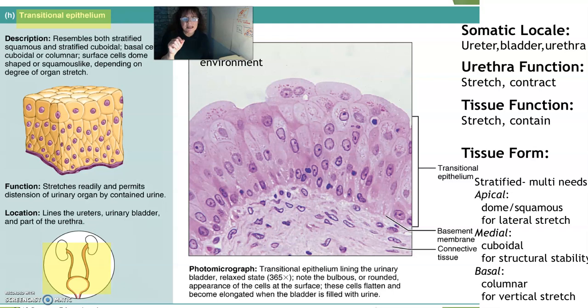Where would you need two types of cells for an epithelial cell? You would need that in the apical and medial areas in an area that has a lot of demands on it. And in this case, the organ is the ureter, which of course needs a lot of stretching, and the bladder, which needs an enormous amount of stretching, and the urethra in men as well.